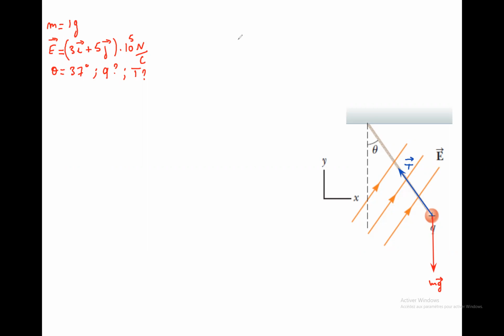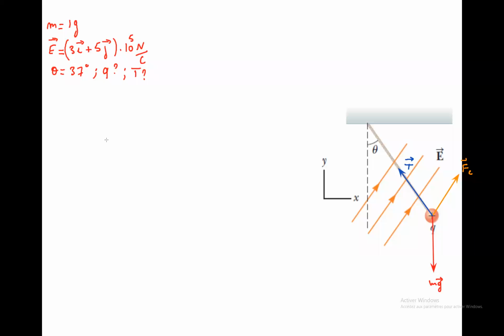And we have the electric force exerted on the object, in this direction. We have here Fe. Why?